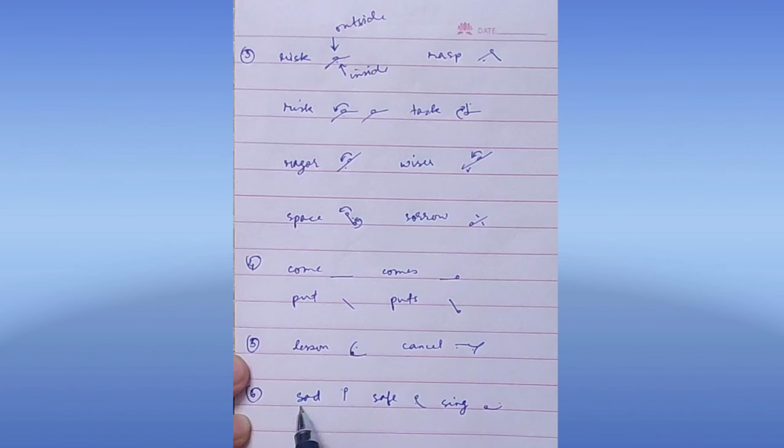Here you can see that for set, the circle S is read first, S-A-D. Here save, S-A-I-F. For sing, S-I-N-G, sing. But the final circle S is always read last.